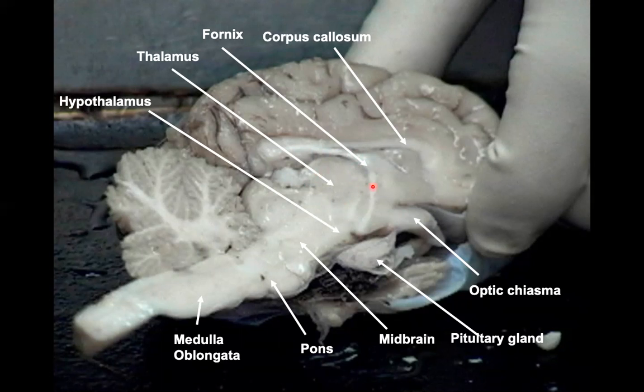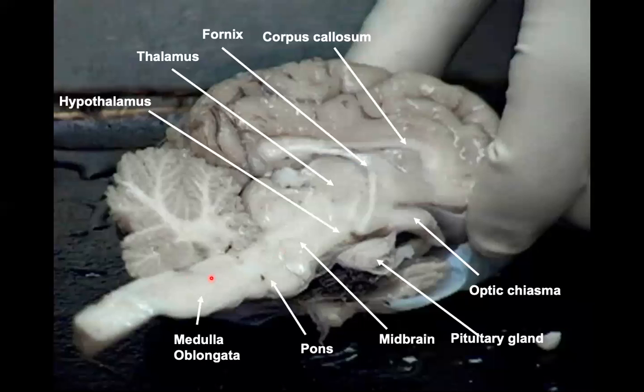This roundish structure right here, that's your thalamus. And right below that would be your hypothalamus. And if you recall, in human, we had the pituitary gland right underneath the hypothalamus. And then you also have the optic chiasm, and then the extension, which is right here, the optic nerve.